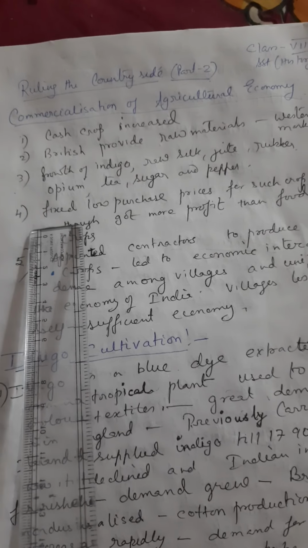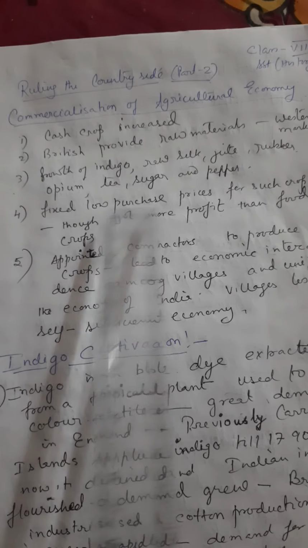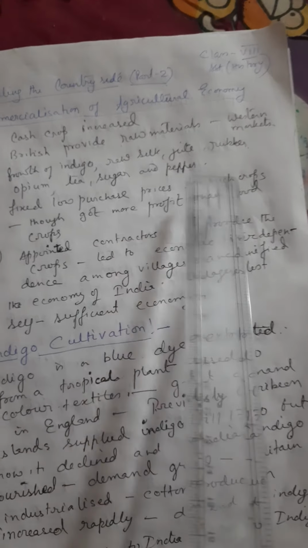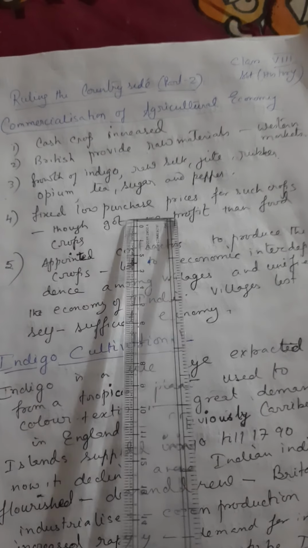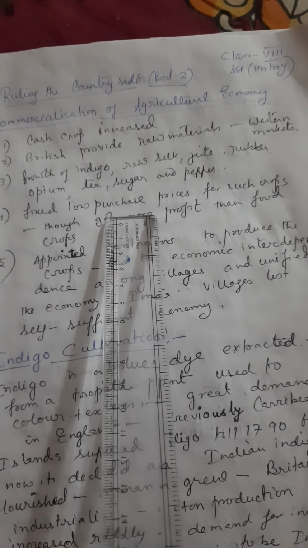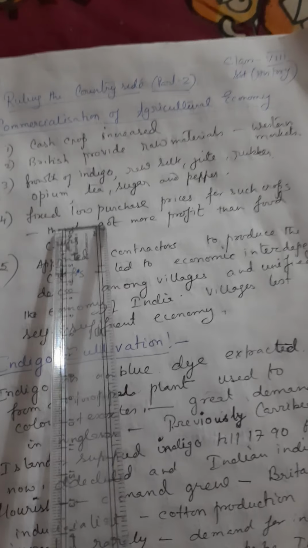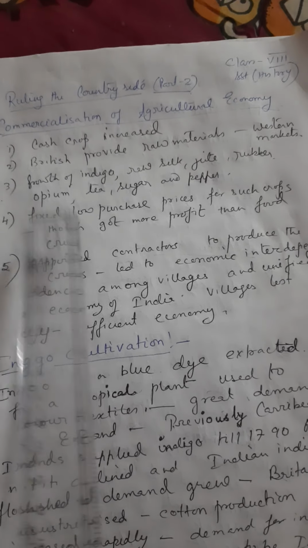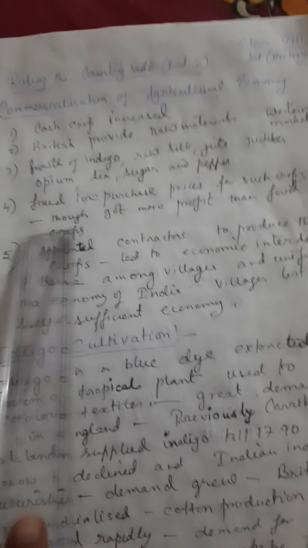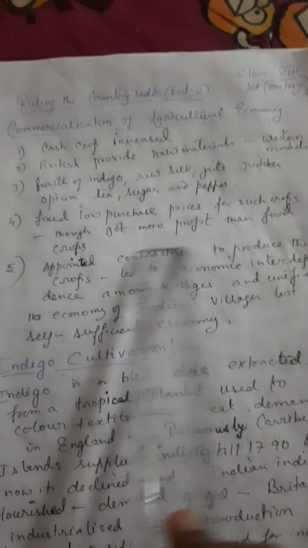Now they fixed low purchase prices for such crops, and their motive was profit. They were buying at a very low price from Indian markets and selling at a very high rate, so they were getting maximum profit.